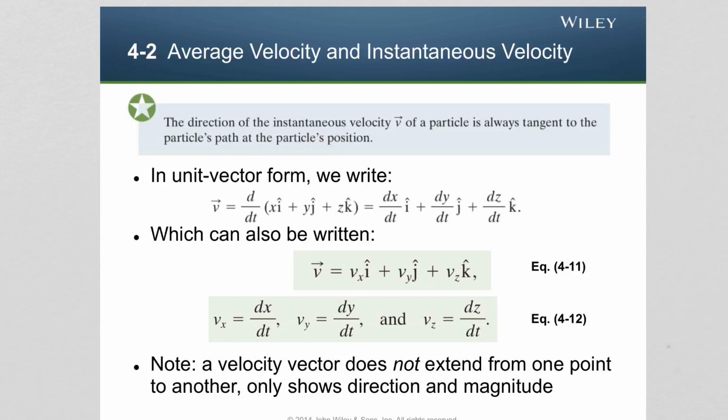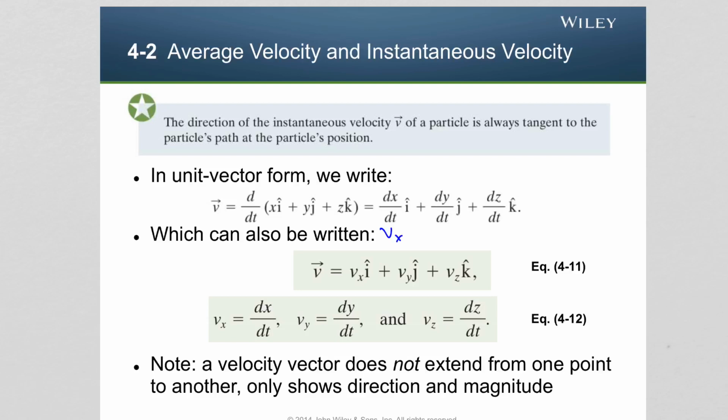And so in unit vector notation, the instantaneous velocity can be written as v is equal to d dt of the position function, which will be x i hat plus y j hat plus z k hat. If I distribute the derivative to all these 3 terms, we get dx dt i hat plus dy dt j hat plus dz dt k hat. In the first term, dx dt is the x component of the instantaneous velocity, so this is vx.